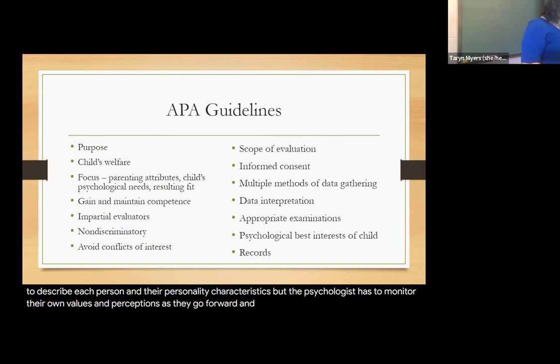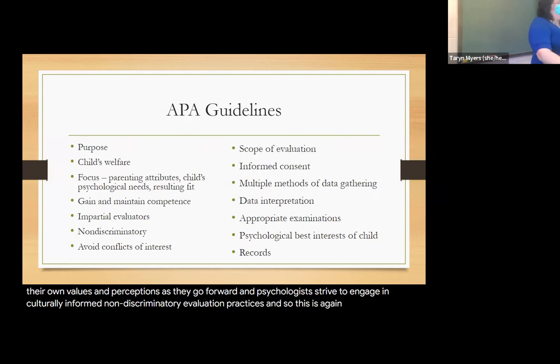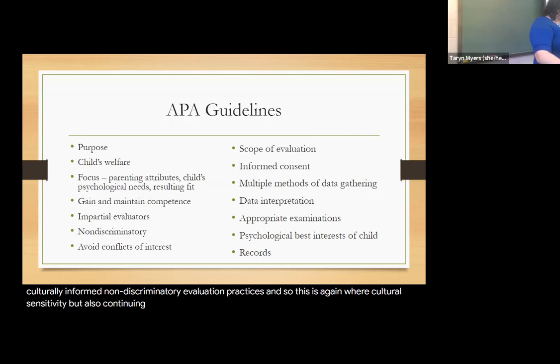And psychologists strive to engage in culturally informed, non-discriminatory evaluation practices. And so this is again where cultural sensitivity, but also continuing education come into play, right? If it was me, I'm obviously super white, we can see how pasty pale I am, right?